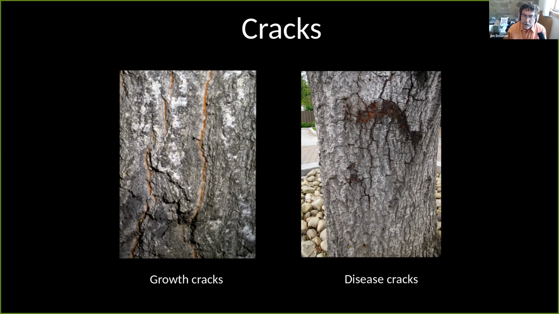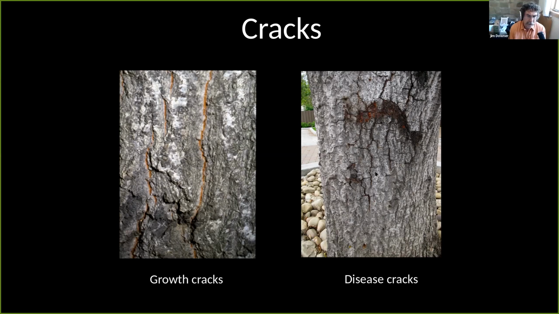Now, the other way that a tree could split is from just drying out, where the bark loses moisture because it's dead, and the vascular cambium is no longer feeding a living phloem. And when that kind of drying out occurs, we get horizontal cracks coming off of vertical cracks, as we see on the right. These so-called disease cracks can be indicative of a canker.